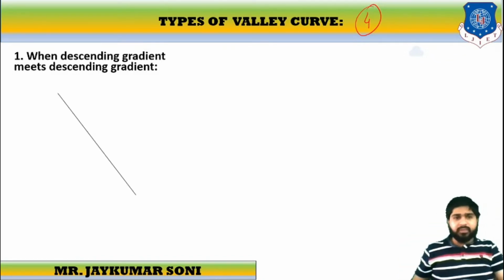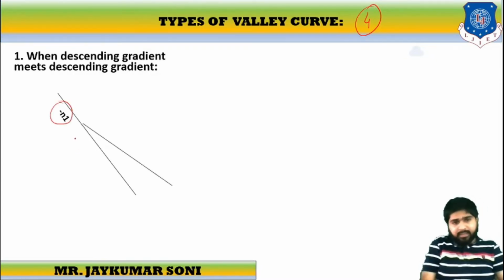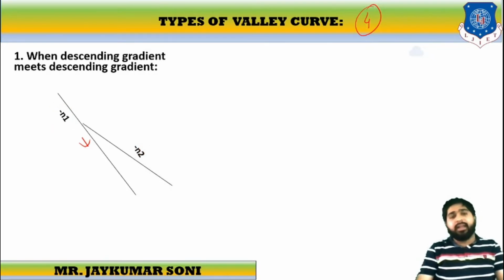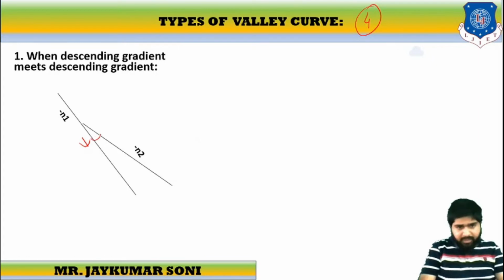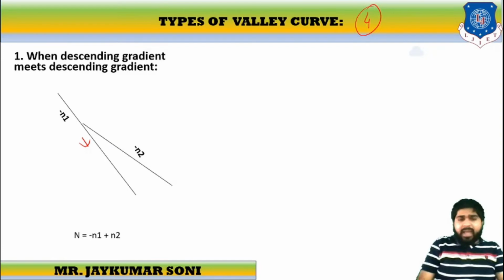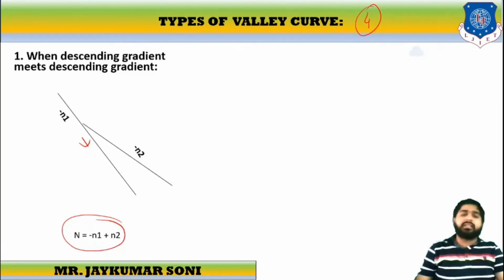If this is the first descending gradient, that is minus n1, and it meets another descending gradient, both in the descending direction, then this is one of the types of valley curves, and this is the deviation angle n. Now this n stands for minus n1 minus n2, so it will be minus n1 plus n2.